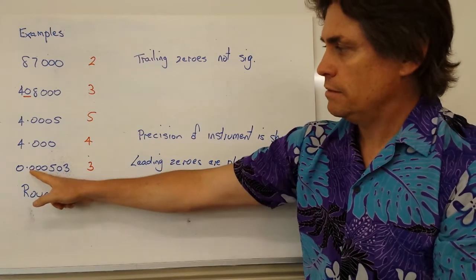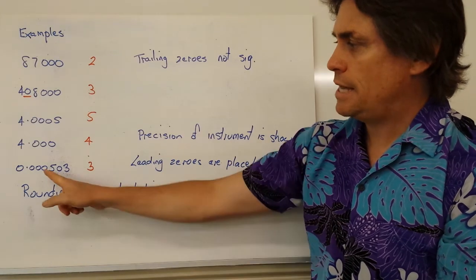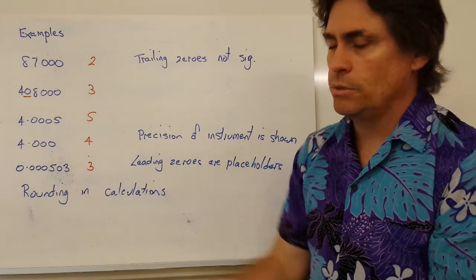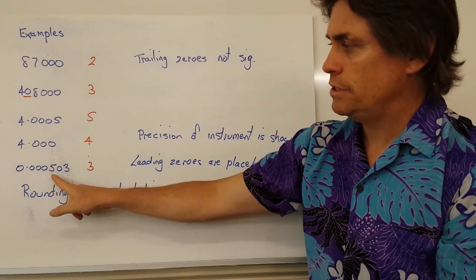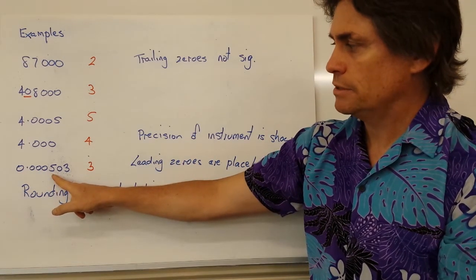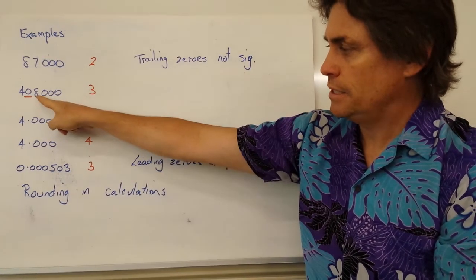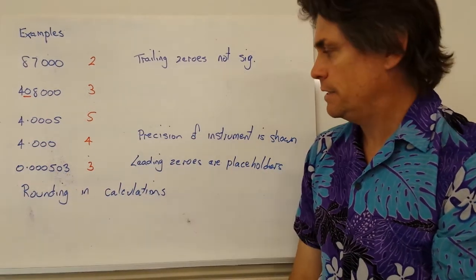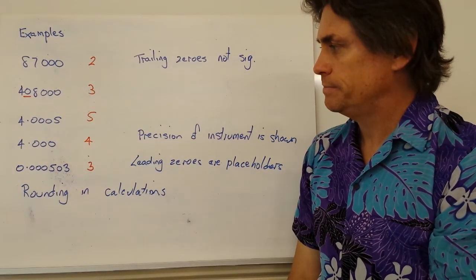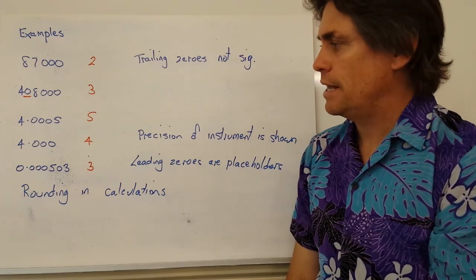And our last one, 0.000503, we said that zeros before our first non-zero with a decimal place were not significant. Therefore, we have the 5, the 0, similarly to the second example, and the 3. So we have 3 significant figures for that particular one. Now, this has ramifications when we round in calculations.